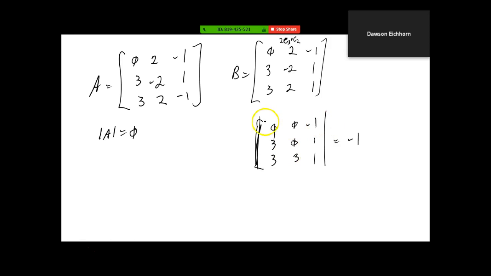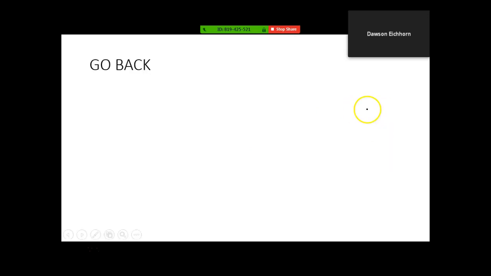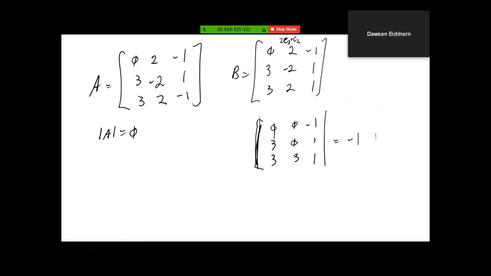That's in the positive position: plus, minus, plus. So that's going to be a minus 1 times 9, which is minus 9. Is matrix B invertible? Yes. Doesn't matter what the determinant is as long as it's not 0. So it's not 0, so that one is invertible.